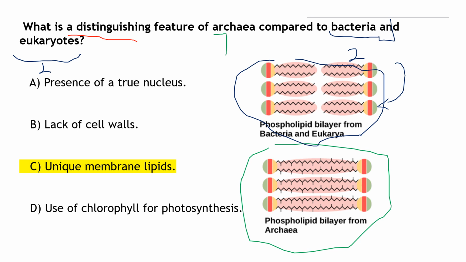The only option that was possible was the unique membrane lipids, as I just explained. And I showed you that although chlorophyll can be used in both bacteria and eukarya, bacteria are so diverse that some can use other types of pigment besides chlorophyll. So this would be wrong.